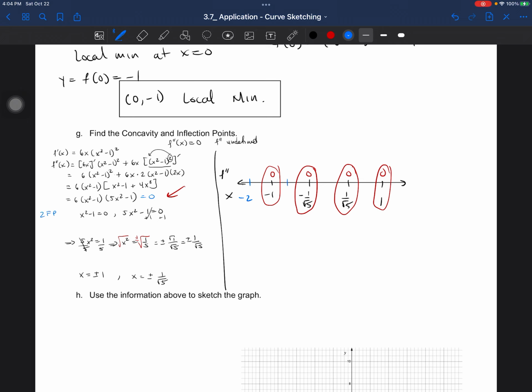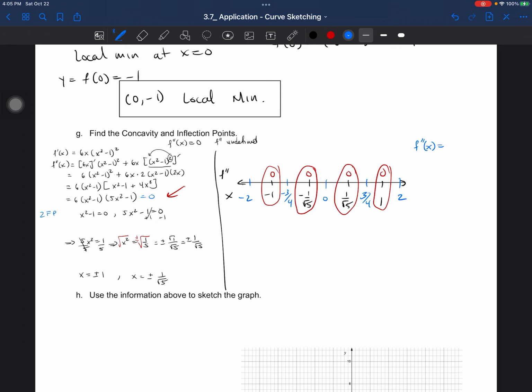So the question is, what is happening around these numbers? Let's try a number from this side, negative 2, randomly chosen, then negative 3/4, 0, 3/4, and 2. I'm just choosing numbers that are in between those and I'm going to go ahead and test them.